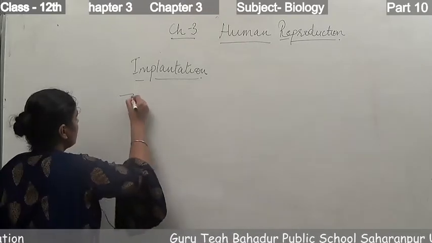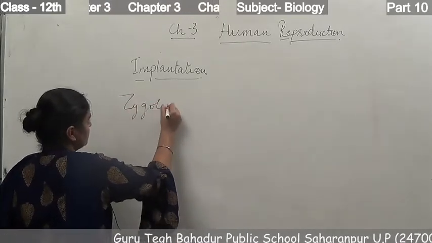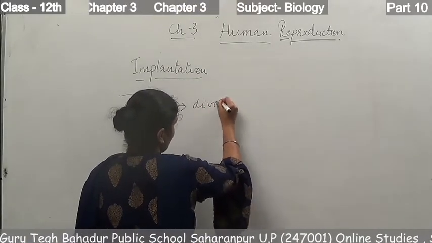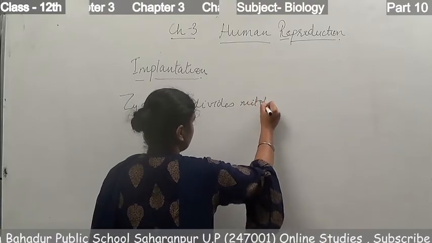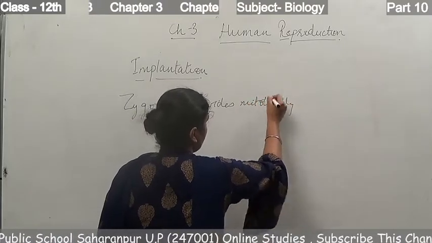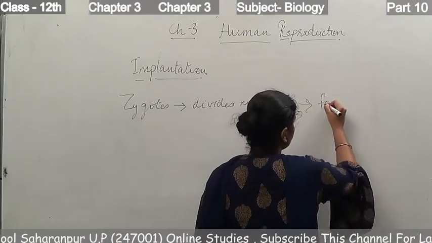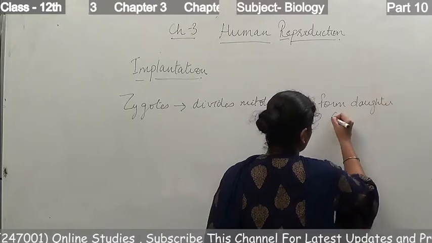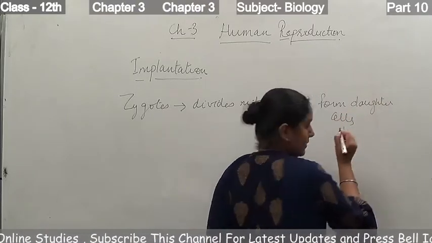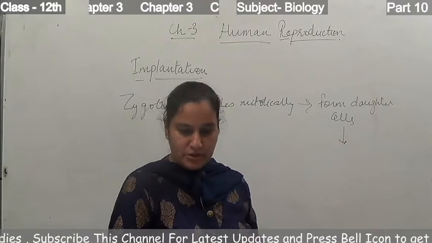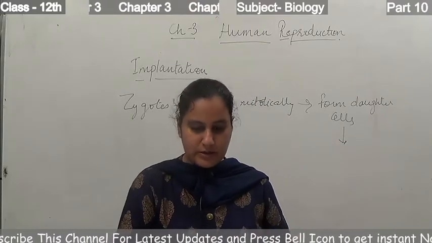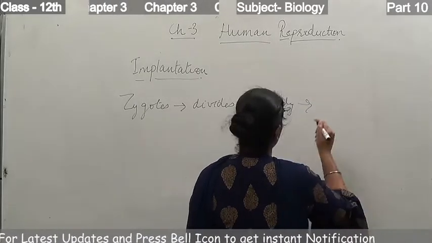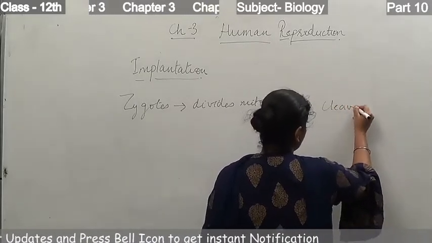So the zygote divides mitotically and forms daughter cells, and cleavage occurs.